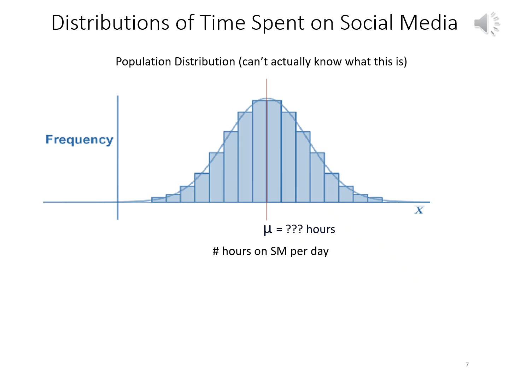So we've got a distribution with a mean, which is represented by that Greek letter mu symbol. We can't ever know what the true population mean of hours people spend on social media per day is, because we can't measure the entire population, right?